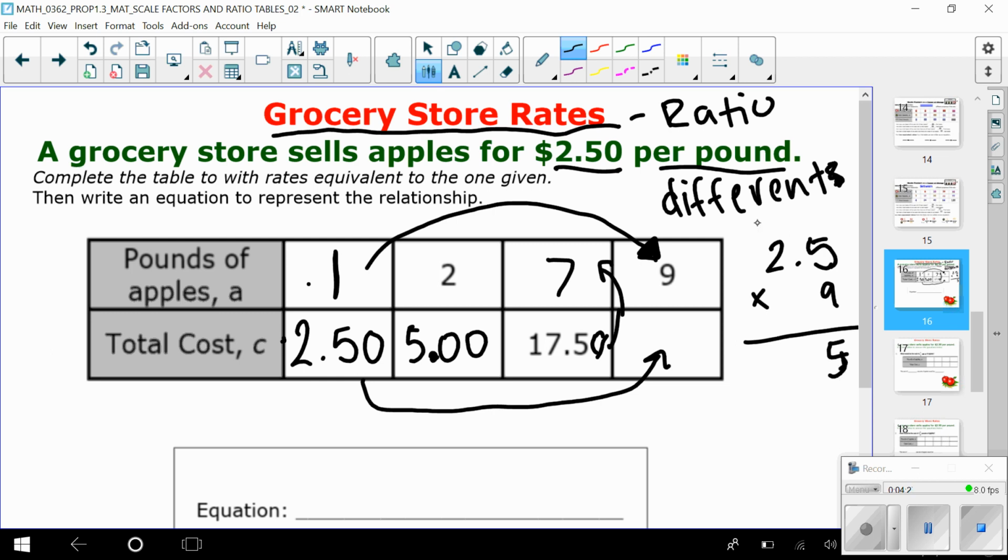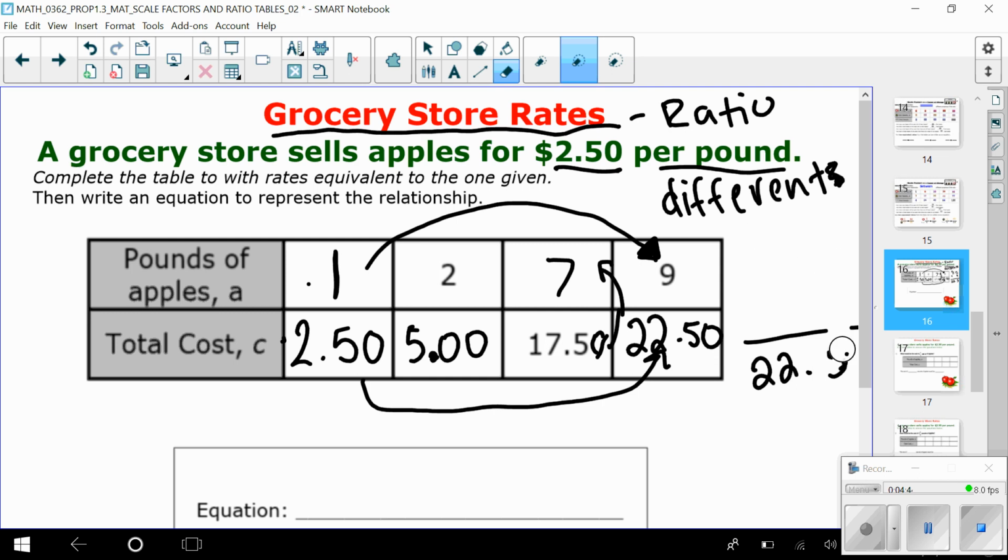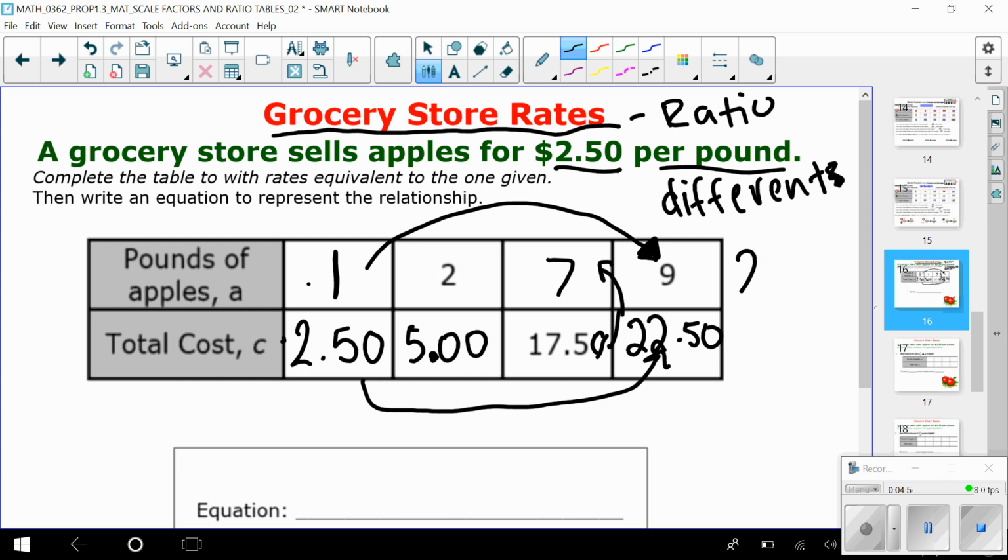Ooh. 9 times 2 is 18, plus 4 is 22. And I have that 9 pounds of apples is going to cost $22.50. Okay? $22.50. And we added that 0 on because we're talking about money, right? And you wouldn't write money without the actual 50 cents.